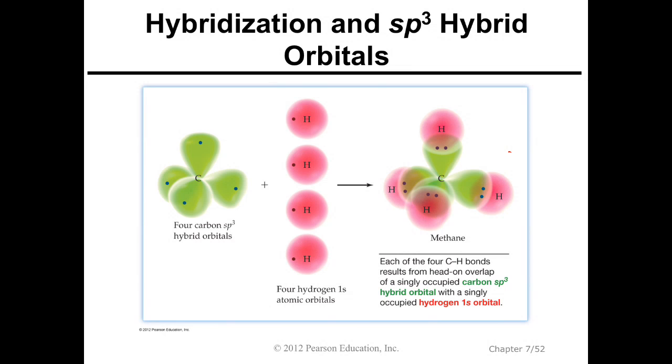That's shown here. You have your atomic 1s orbitals overlapping with these sp3 hybrid orbitals, and that's what the methane structure looks like.